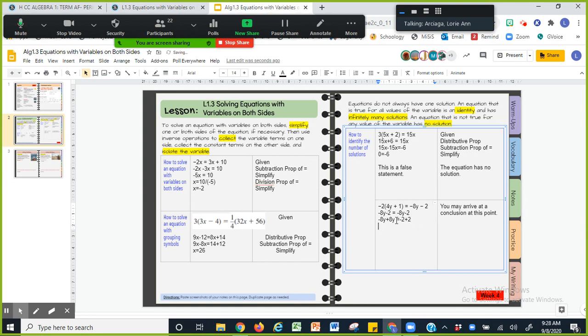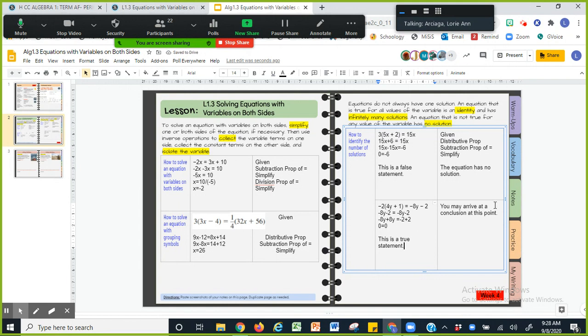Well, -8y plus 8y, that's a 0, right? And then -2 plus 2, that's another 0. What happened? Well, regardless whether it's 0 equals 0 or 5 equals 5 or 8y minus 2 equals 8y minus 2, this is a true statement because the left hand side and the right hand side are matching.